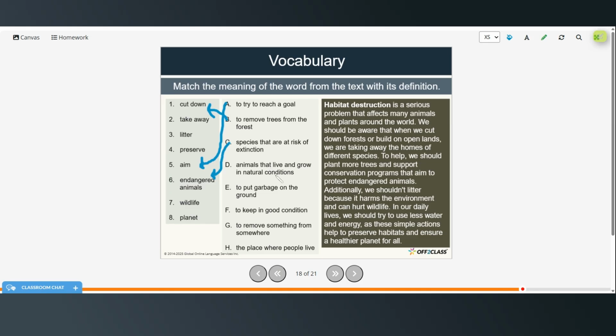Animals that live and grow in natural conditions are wildlife. To put garbage on the ground is to litter. To keep in good condition is to preserve. To remove something from somewhere is to take away. And the place where people live is the planet.